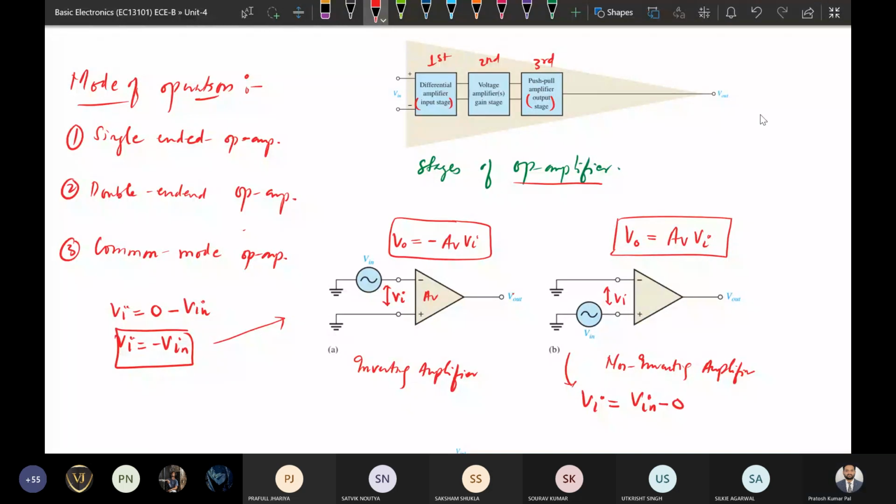So the difference of these two is considered the V input, which here is basically VIN.